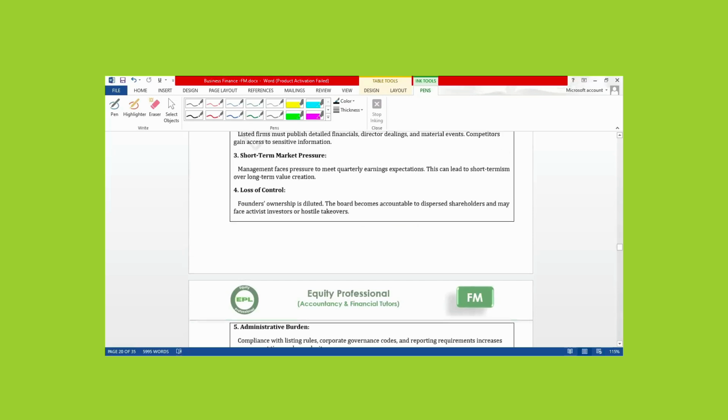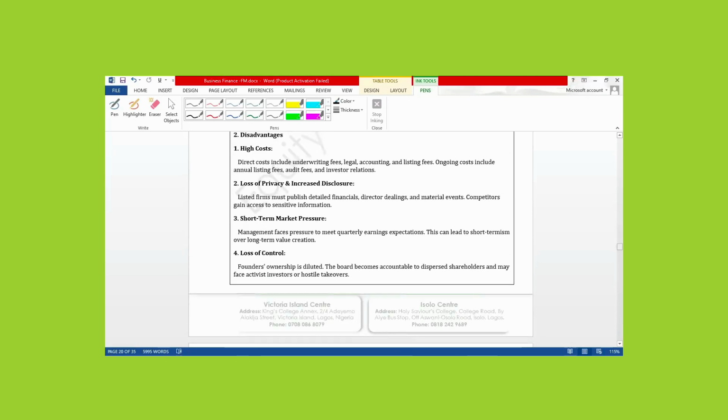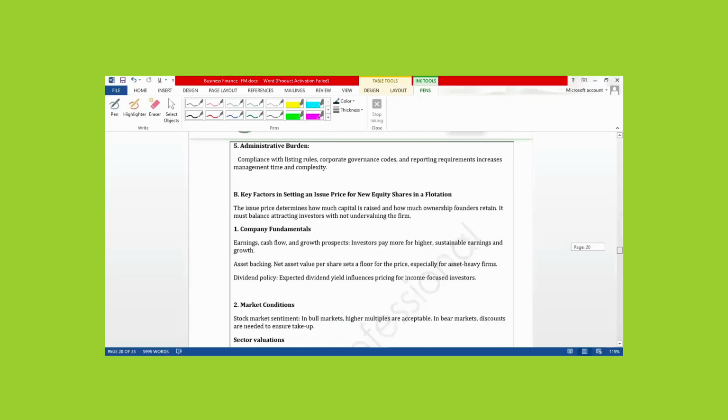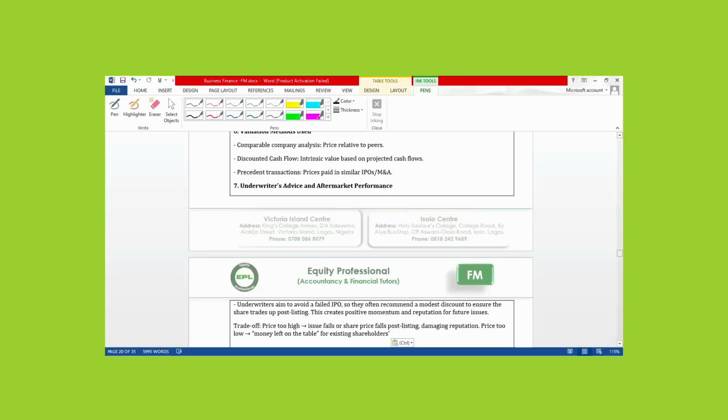Hello, sir. Can I also add that loss of some key personnel, because they will be highly regulated. For example, like GTB or Zenith, some of the executives will want to be there forever, but because of the regulatory bodies, they have to spend a certain number of years. Yes, you are right.